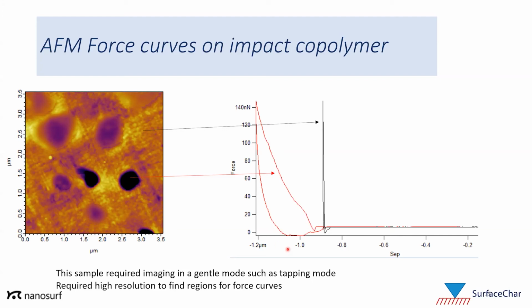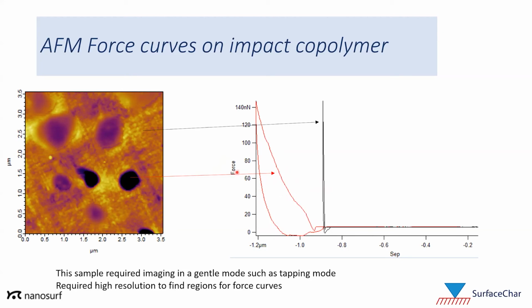A lot more adhesion on the rubber than on the polypropylene. A lot more hysteresis, due to the viscoelasticity in the rubber. So qualitatively, you can see big differences. Once you apply the models, you can really start to make quantitative measurements on the modulus and adhesion to differentiate between these two components in the sample.